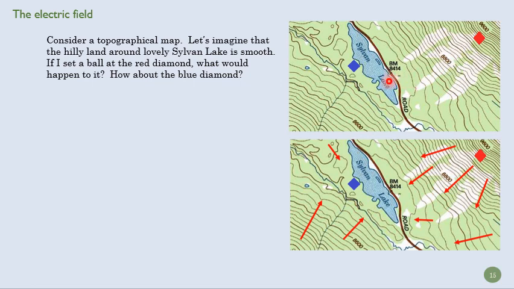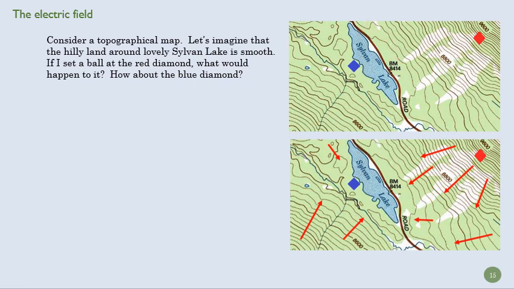Sylvan Lake is at one elevation, and these lines tell us that as we move through the landscape, we're moving uphill. This has an elevation of 8,800 feet here, and that would be 9,000 and 9,200 and so forth. So we've got a steep hill over here that comes down, and then there's a nice valley here with an open area and a beautiful little mountain lake.